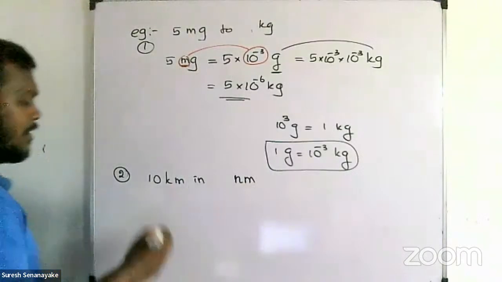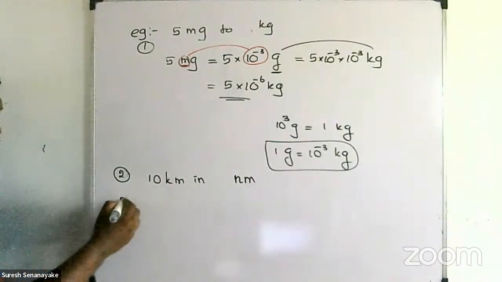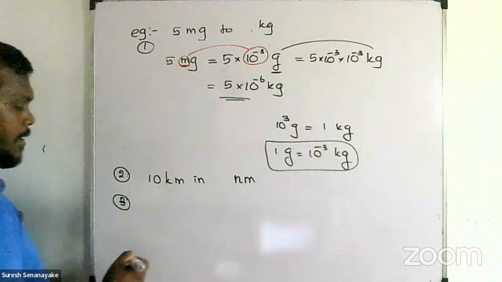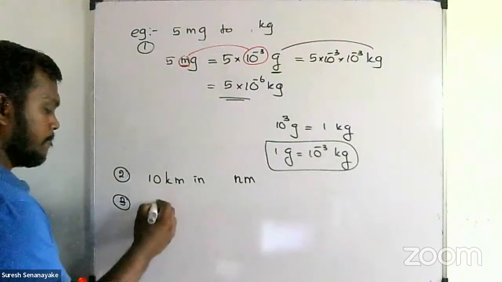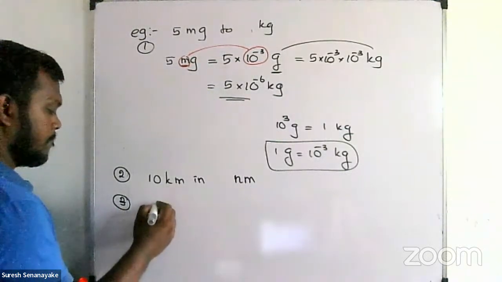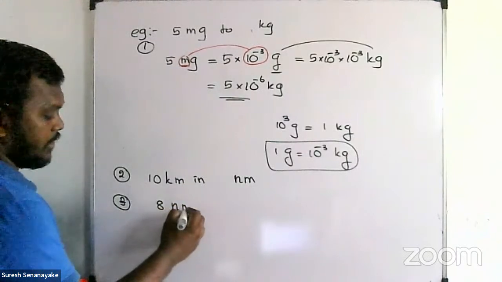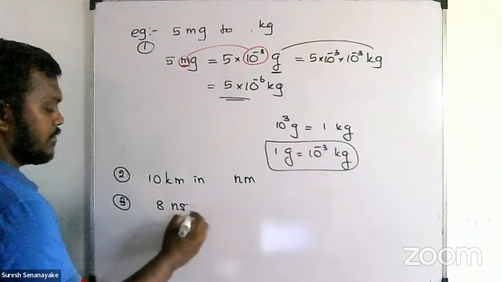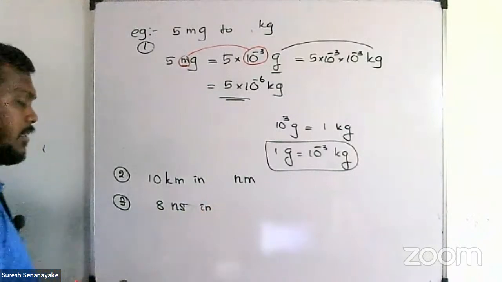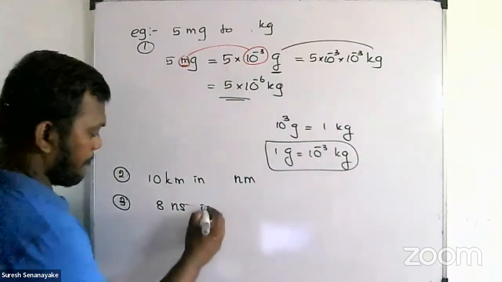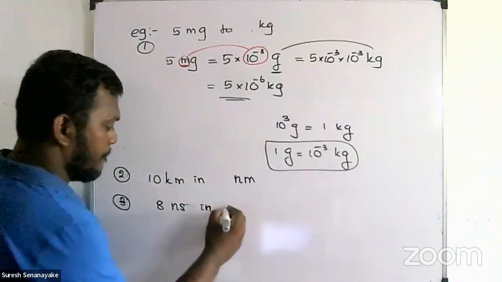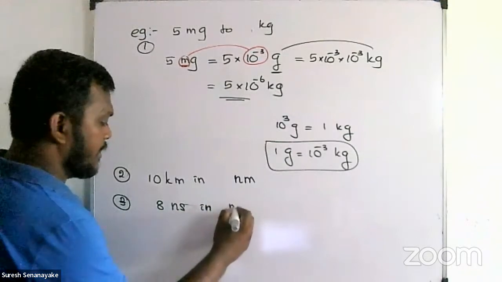Right. How much you can find the second, third one. That is 8 nanoseconds in milliseconds.